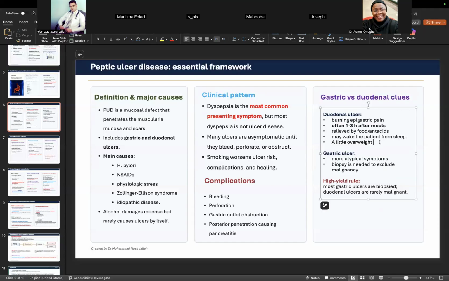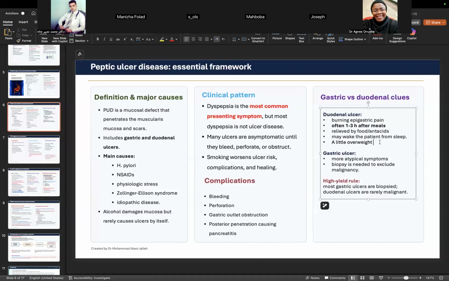The patient says that she has epigastric pain that is relieved by eating, and it comes back every 1 to 3 hours and makes the patient eat in order to control the pain. And also sometimes it awakens the patient early in the morning or in the middle of the night. So it means the patient has to wake up and eat.